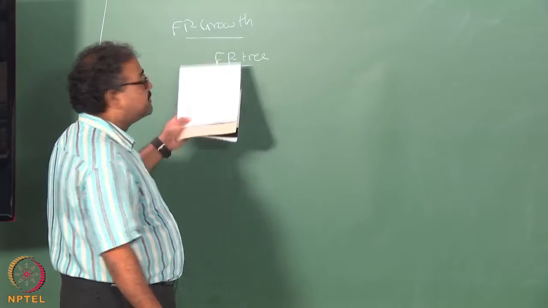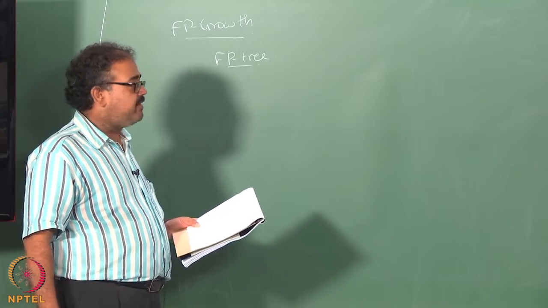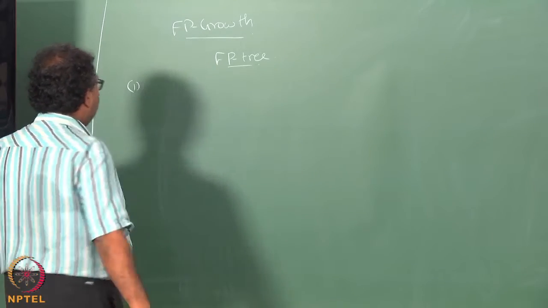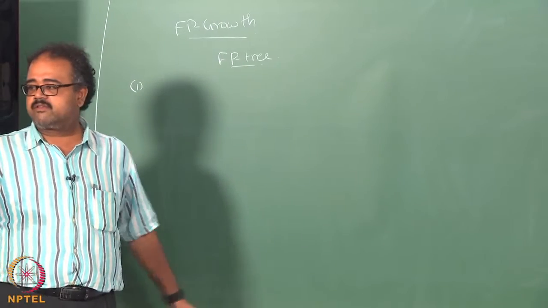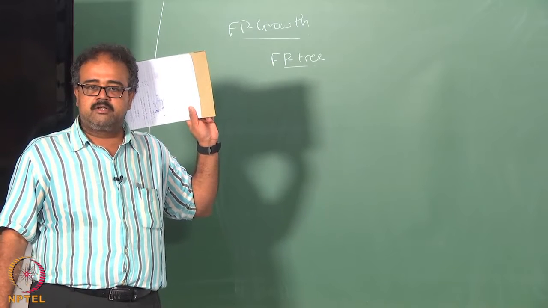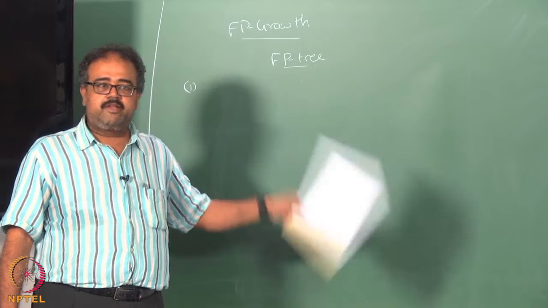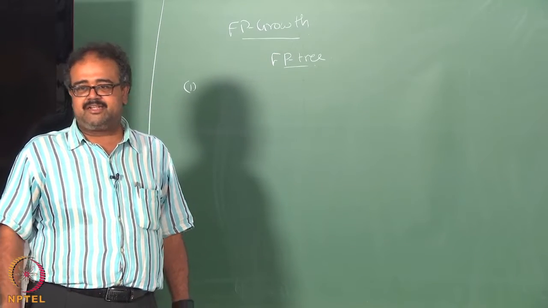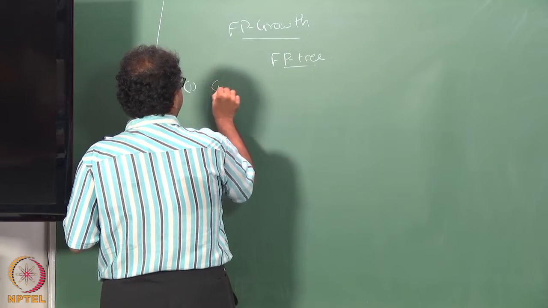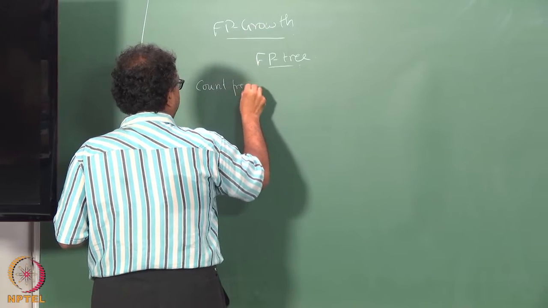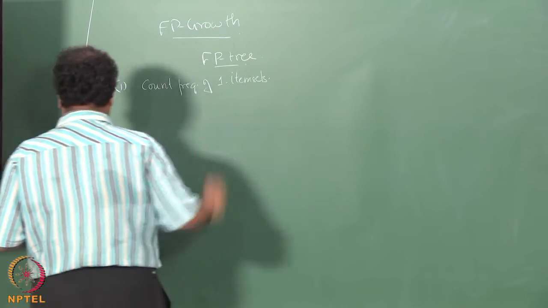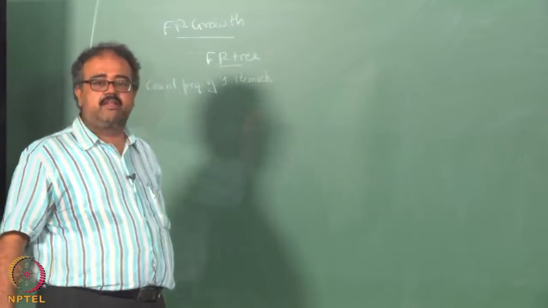Let us do this step by step. We will construct the FP tree first, and then from the FP tree we will start generating the frequent itemsets. In the first phase you go over the database once, and you count. What do you think you are going to count? The frequency of all the one item sets, there is no other go. You count, and you sort this in descending order.